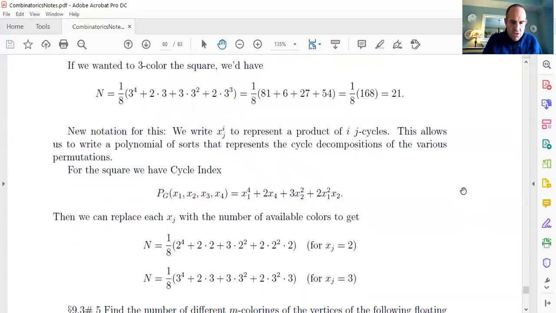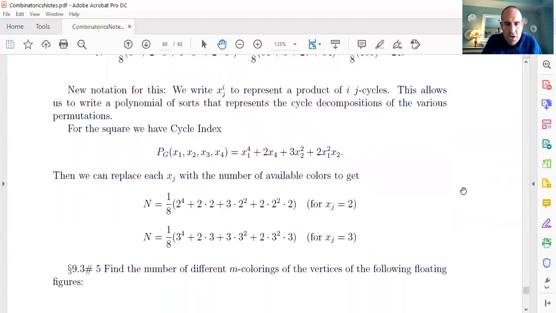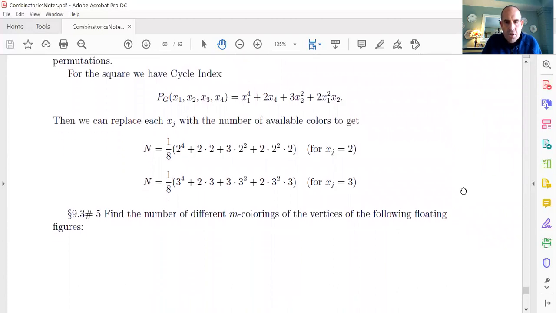The thing we want to point out here is that if I plug in xj equal to 2 into our cycle index and divide by the size of the group, I get the number of 2 colorings. And similarly for plugging all of the xj's equal to 3.